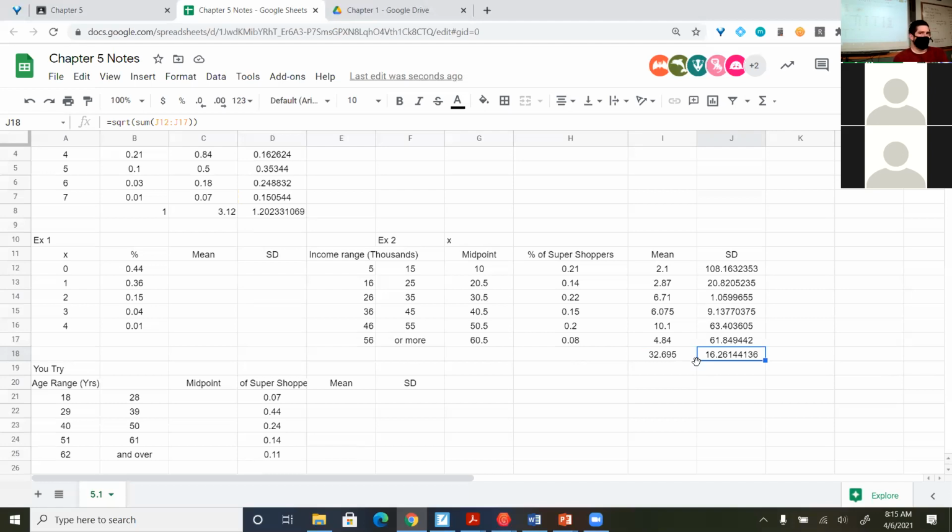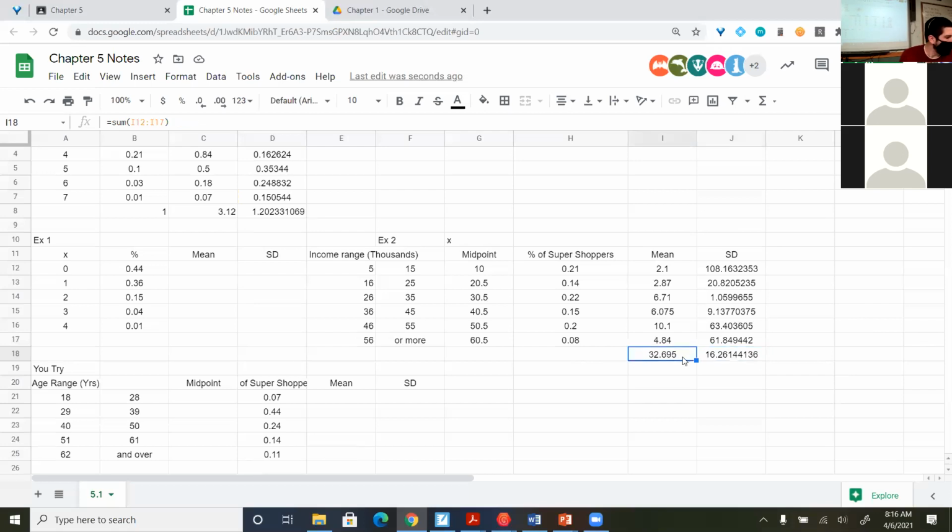Is that really useful? Someone living off 16,000 versus 50,000, that's a pretty big gap. So it doesn't quite give a lot of information. We would prefer a smaller standard deviation, but that's just what it is. But that is what we'll be doing today.